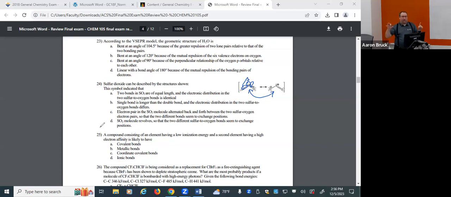Spectroscopically, I'd be able to measure a double bond and a single bond when I'm evaluating bond lengths. So that one doesn't make any sense either. So A is the only correct answer here, and that is the literal definition of what resonance is.